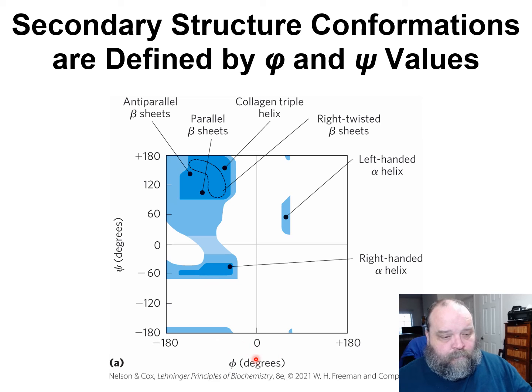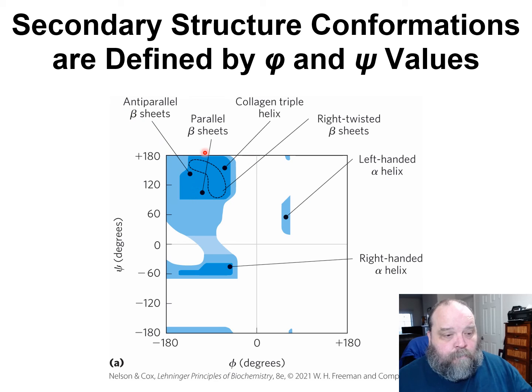in the phi, means it's going to be a right-handed twist alpha helix. Up here in the second quadrant, this is where you're going to find amino acids that associate with a left-handed alpha helix. Remember, they only happen every so often and only in certain conditions, which is why there's very little area associated with them.